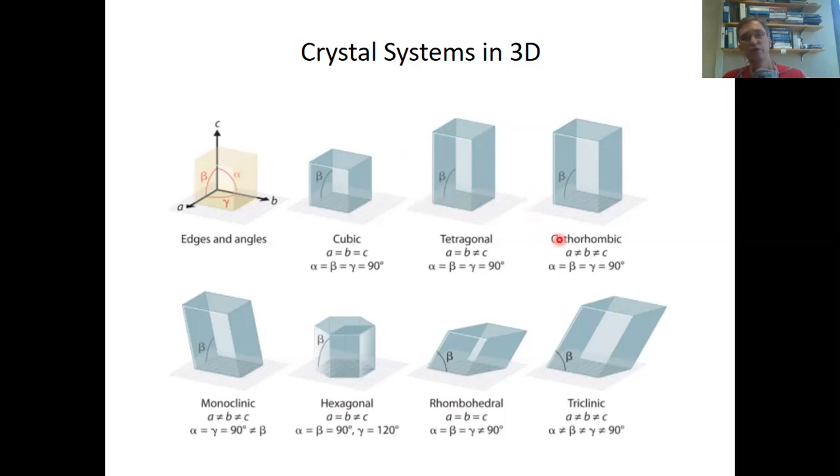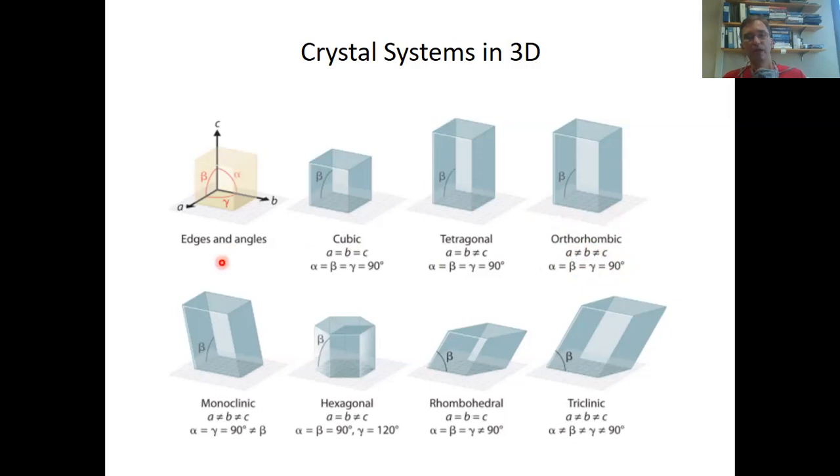Now we can further lower the symmetry by making B unequal to A and C unequal to B, and also C unequal to A, but still leave the angles at 90 degrees, and then we are in the so-called orthorhombic crystal system, having an orthorhombic unit cell.